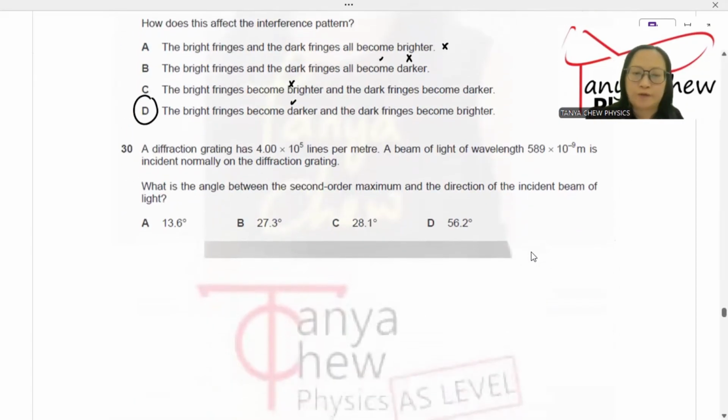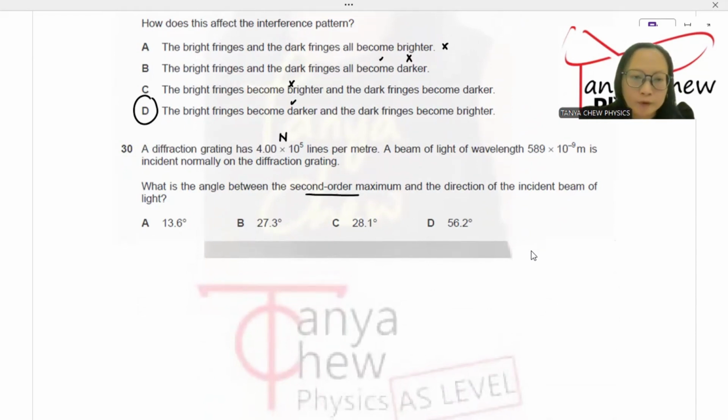Number 30, a diffraction grating has 4 times 10 to the power 5 lines per meter. This is n. A beam of light of wavelength 589 times 10 to the power negative 9 meter is incident normally on the diffraction grating. What is the angle between the second order maximum and the direction of the incident beam of light?